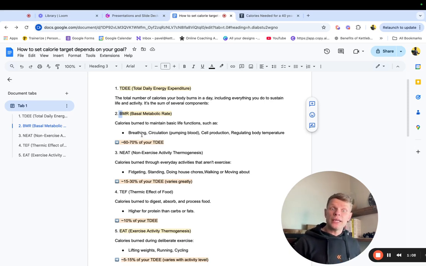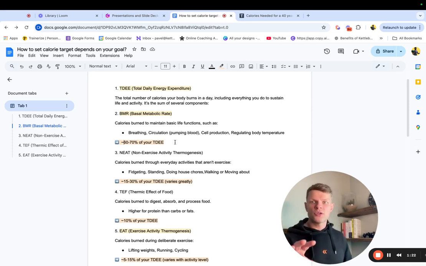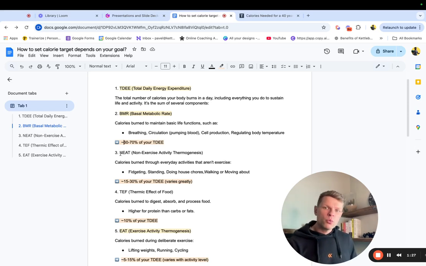This number can be higher or lower depending on muscle mass as well. If you have more muscle, you require more energy. About 60 to 70% of your calories are used by BMR. The next one is NEAT, or non-exercise activity thermogenesis.